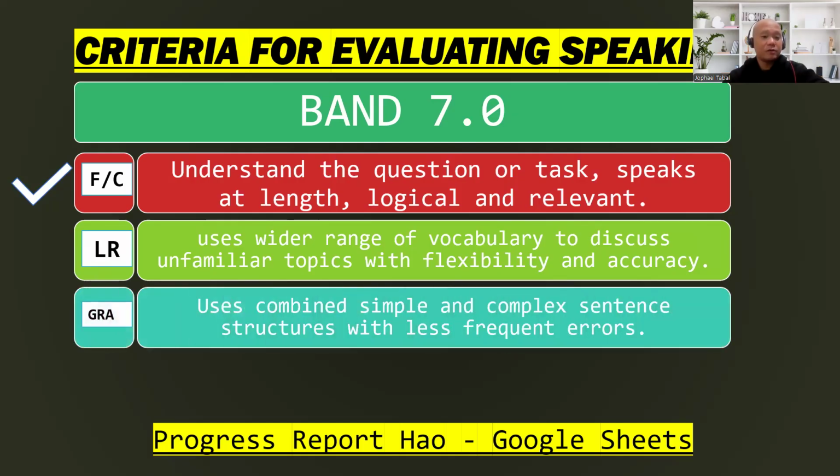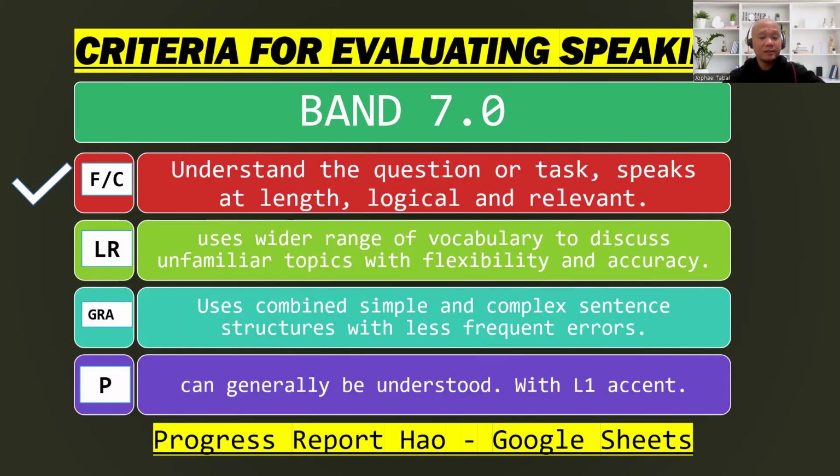And for GRA or grammatical range and accuracy, the candidate uses combined simple and complex sentence structures with very few errors. And finally, for pronunciation, the candidate must be generally understood, or in other words, he or she must have a reduced local accent or no local L1 accent. L1 means first language accent.